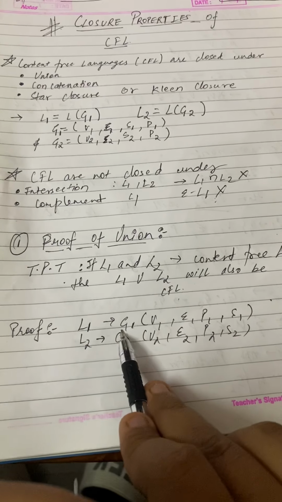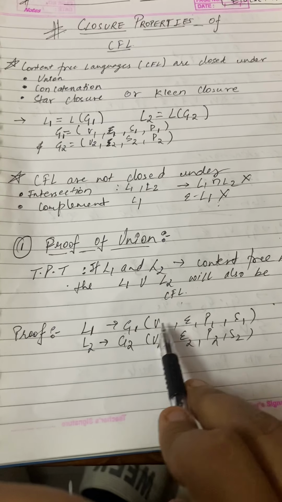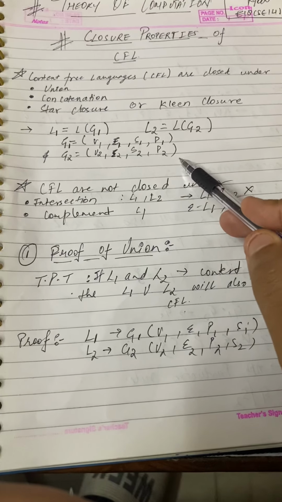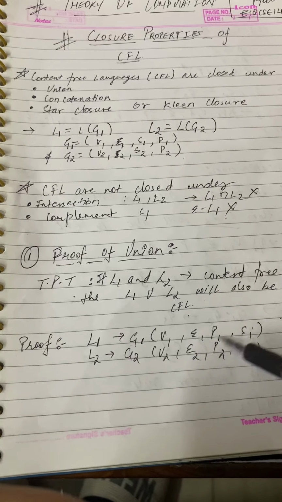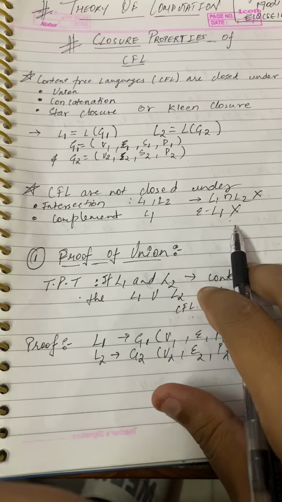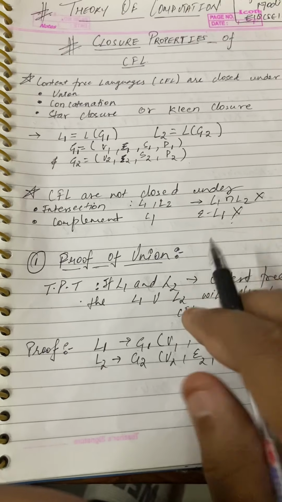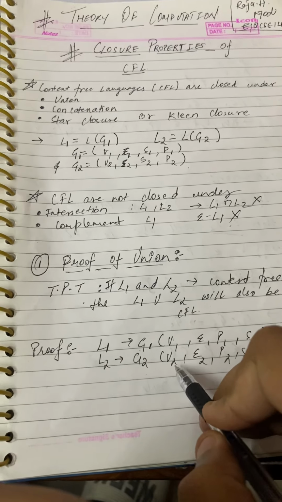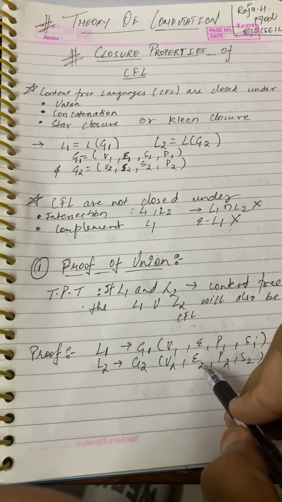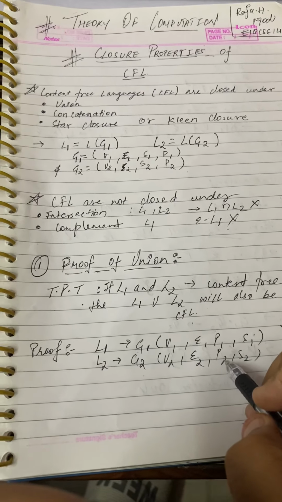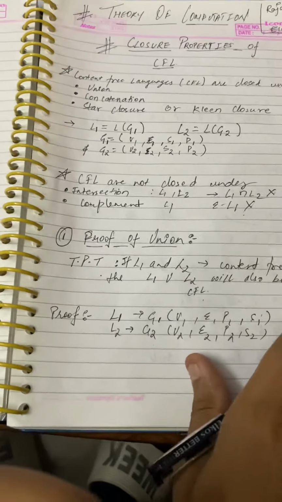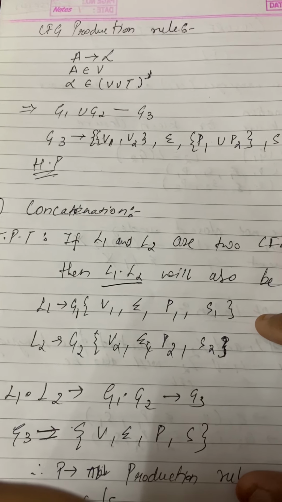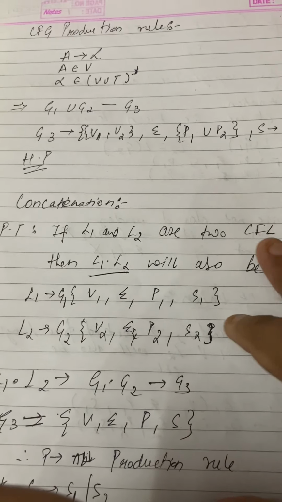L1 has grammar 1 with V, sigma, P, S, as we have discussed above. These notations will be the same throughout all the videos to avoid confusion. L2 has grammar 2 with set of non-terminals, set of terminals, start symbol and production rules.